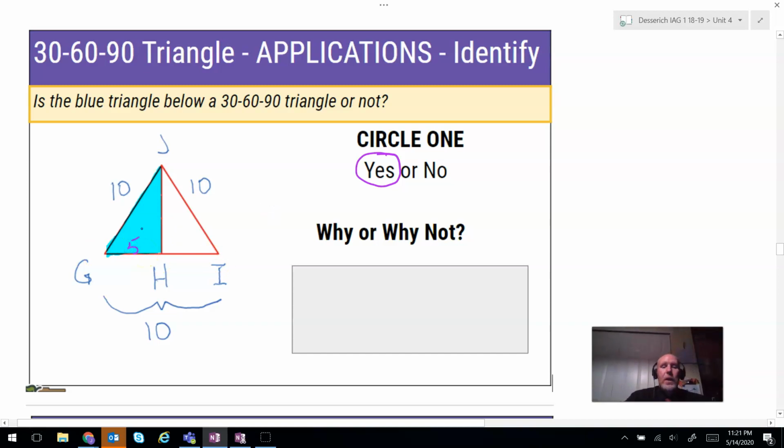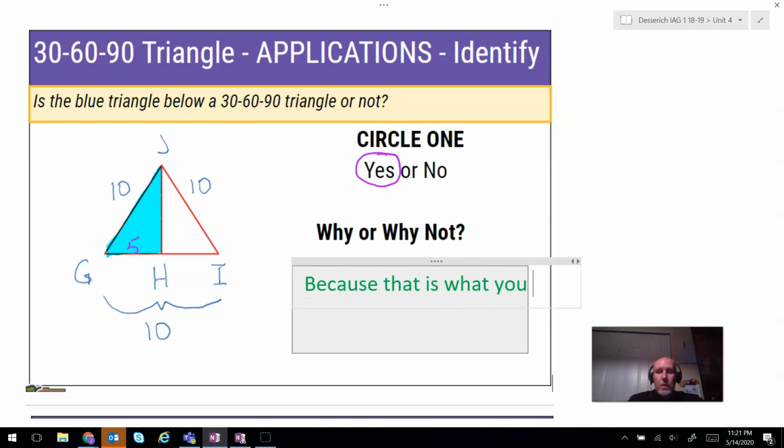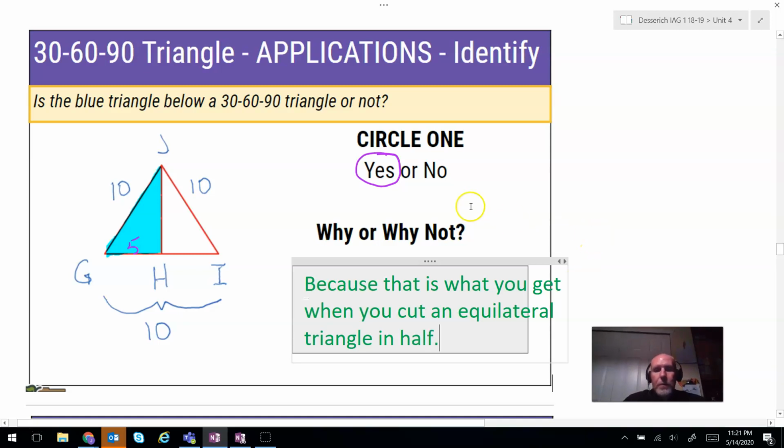So yes, this is a 30, 60, 90 triangle because that is what you get when you cut an equilateral triangle in half.